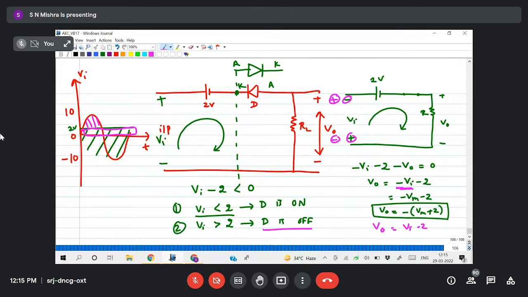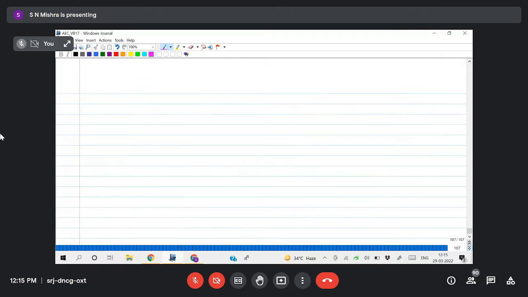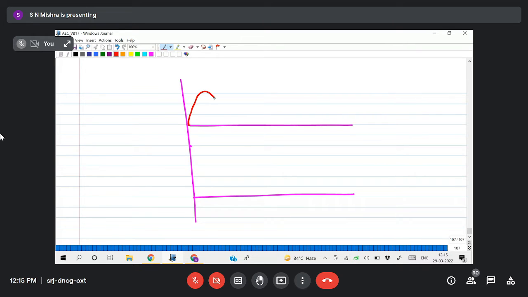So now the thing is that once you understand that one, you have to draw the waveform. So how will we draw the waveform? See here. This is the point where many students will make a mistake. Vi, so this is 10, 0, minus 10. What is my condition? 2 volt.